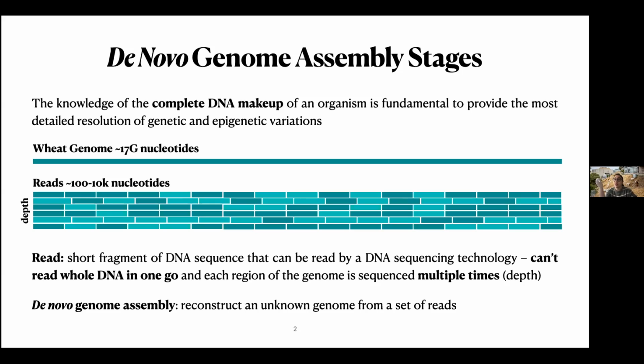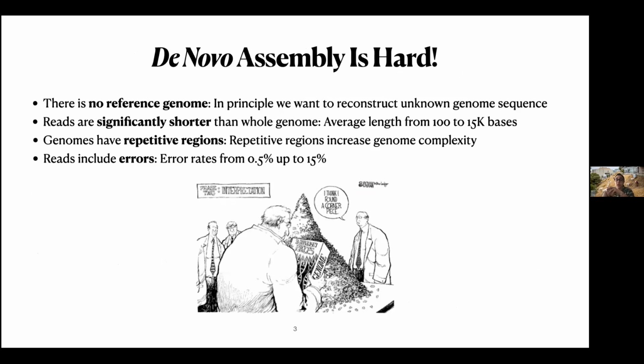Basically, the process of de novo assembly of a genome is that we want to reconstruct a genome that is unknown. So we don't have, like in this case, a reference genome, just these reads. The idea is that we will try to overlap them. You can imagine de novo assembly as building a puzzle. And that puzzle is pretty hard. First of all, because you have no reference.